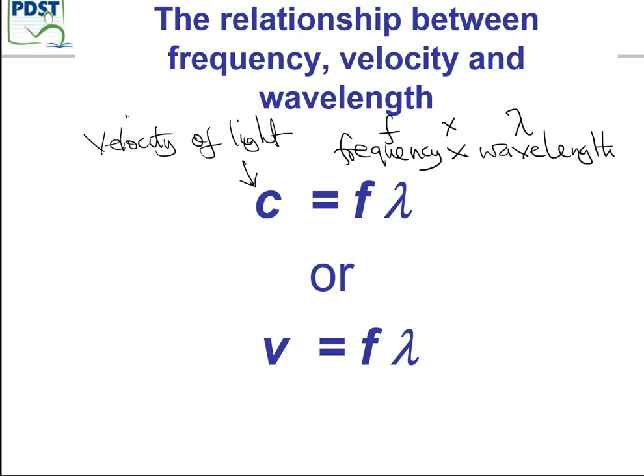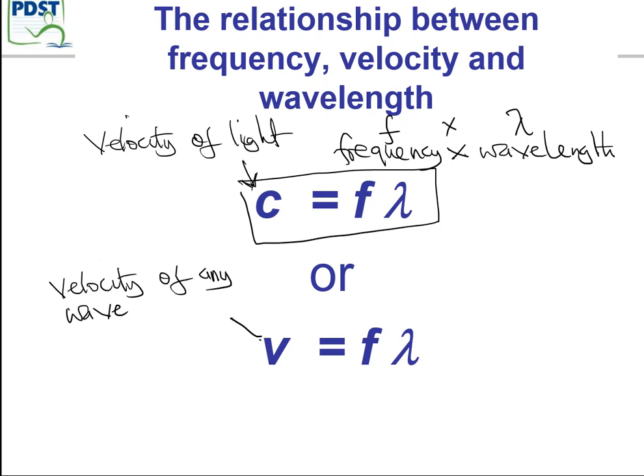This is the wavelength of light. This is the velocity of light here. This is just the velocity of any wave. So the velocity of any wave is given as v. But when it becomes light, then the velocity becomes c. So take note of this relationship, this equation for waves.